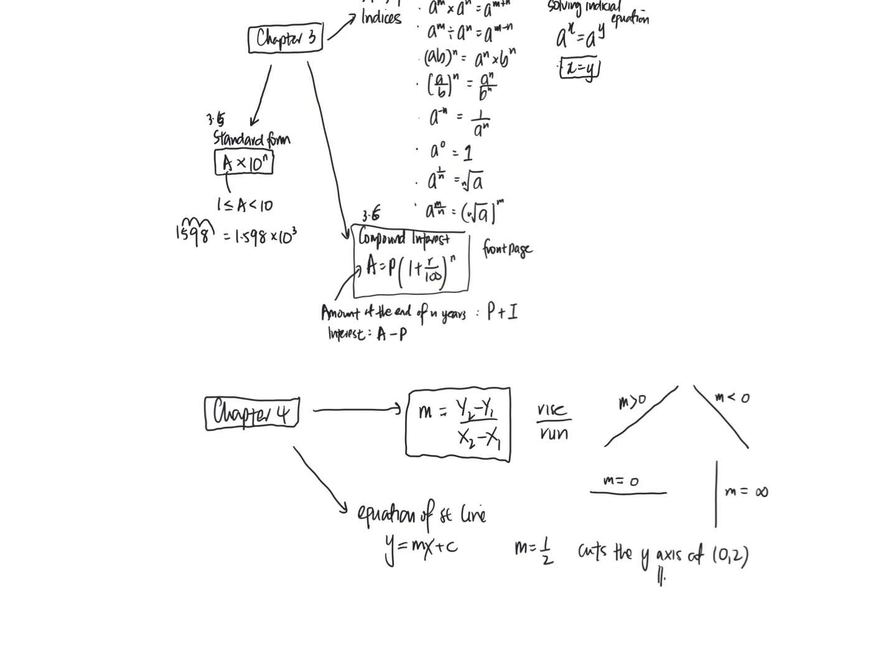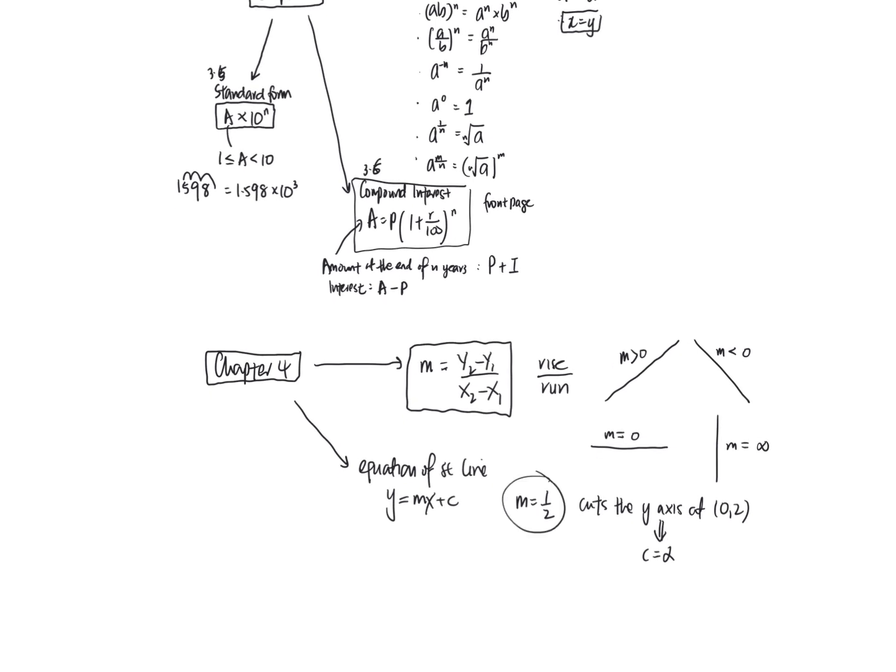So I'm telling you that y-intercept is 2. So with the gradient, with the y-intercept, then you can tell me it is y equals half x plus 2. So I can only test you these few things. Whether I give you diagram or not, you just follow through the method.